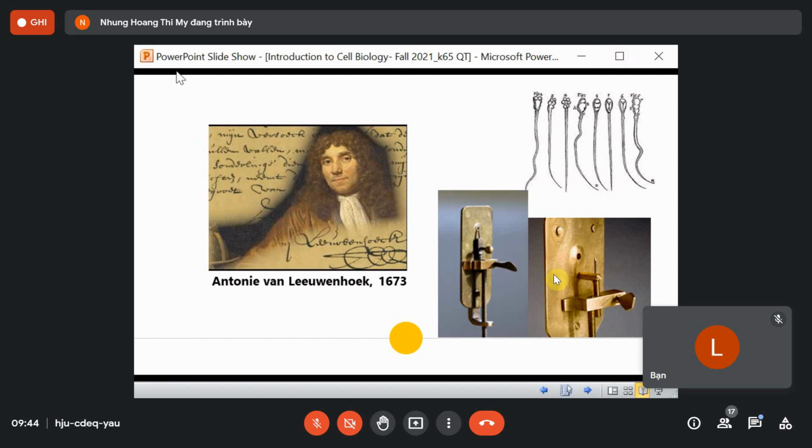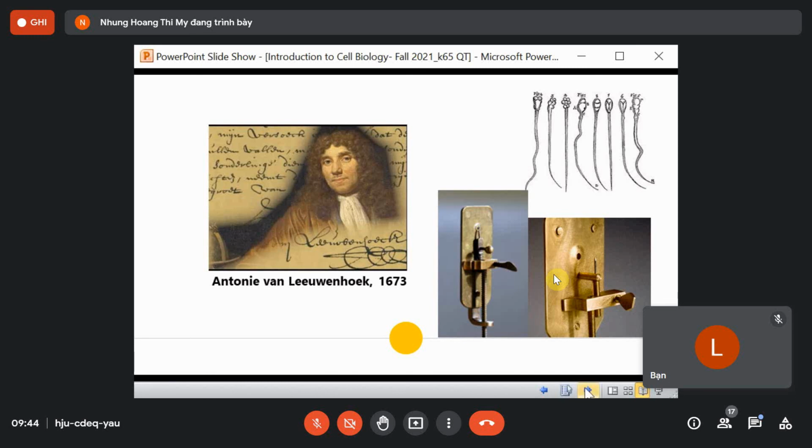But I think it's not so important who first discovered the cell. Both Robert Hooke and Leeuwenhoek's research have very high value in cell research.